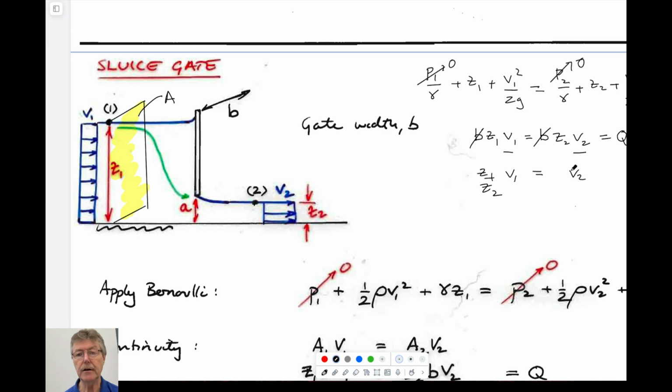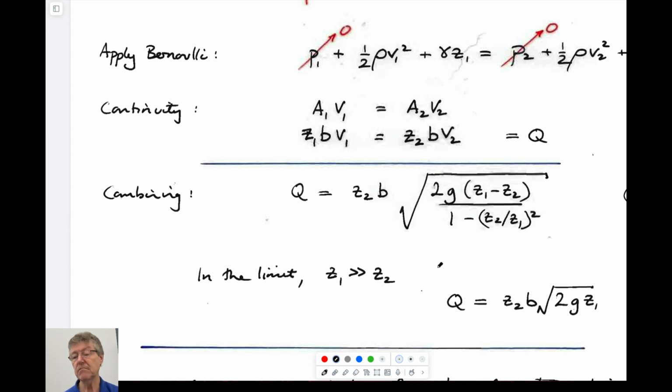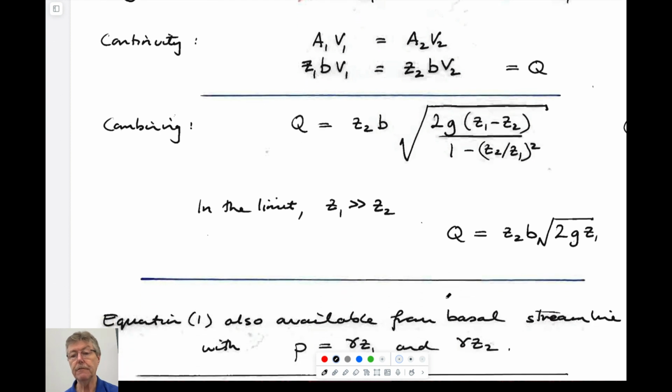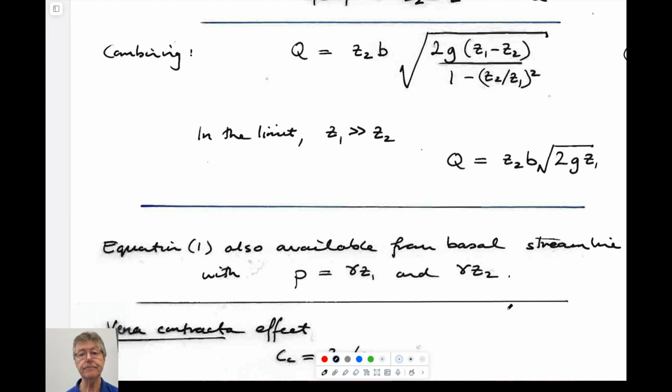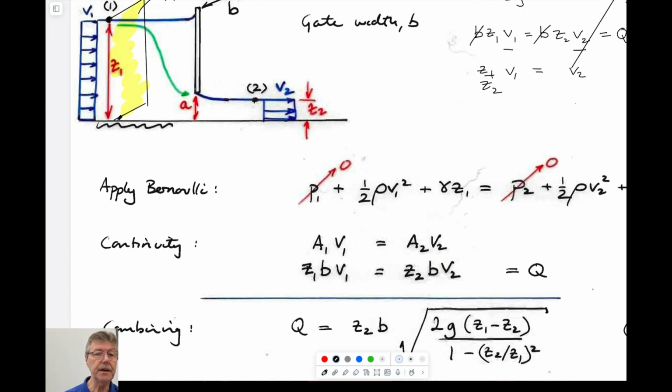This goes somehow into this. Perhaps I've done it backwards, and you solve for this, either one or the other. And so you get these as a function of the elevations, upstream and downstream, and you can solve for the flow rate that goes through it. You could also, if you wanted to, the other streamline here, you could write it as point 1 here, and you could write it as point 2 here.